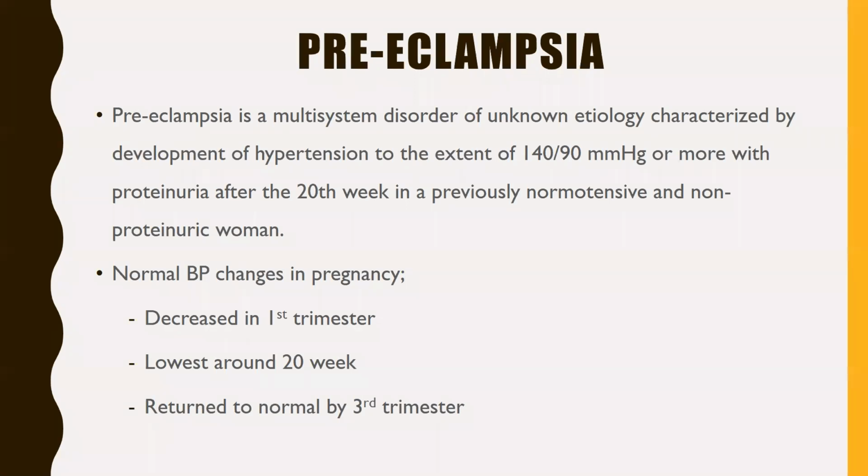This should be in a previously normotensive woman or a woman who has never presented with proteinuria. And as we continue discussing, I would like us to know the normal blood pressure changes in pregnancy: in the first trimester, there will be a decrease in the blood pressure. Around the 20th week, it's also low and may be the lowest recording of the blood pressure. And when we get to the third trimester of pregnancy, the blood pressure actually returns to normal. We can go on.